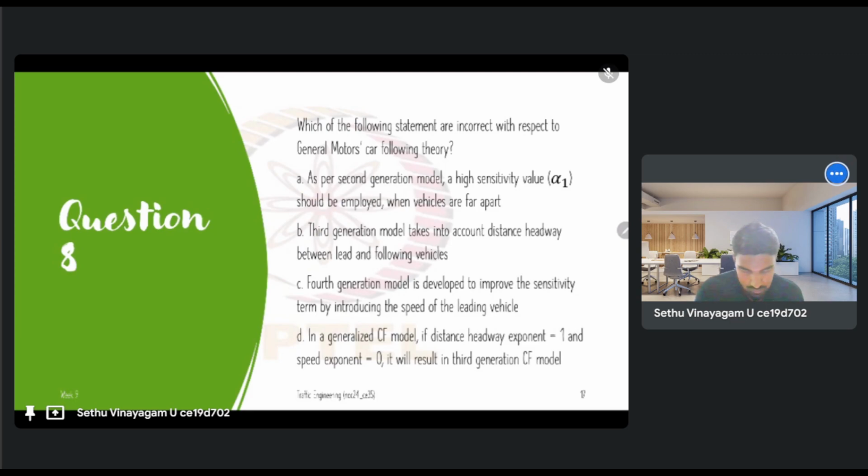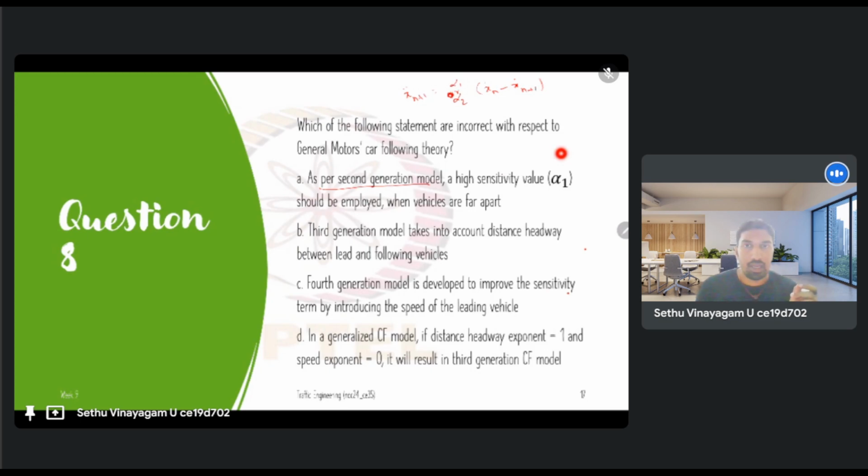Okay. So, second generation model. So, what is the second generation model? Second generation model had two sensitivity parameters, right? Alpha 1, alpha 2. So, one of these two will be used, okay, depending on whether the spacing is small or large, okay, and this is multiplied with the relative speed, okay.